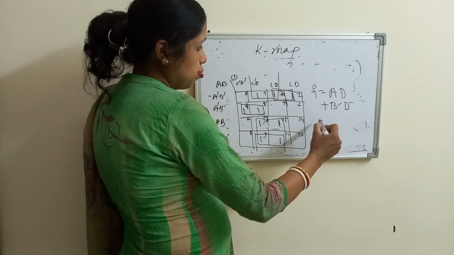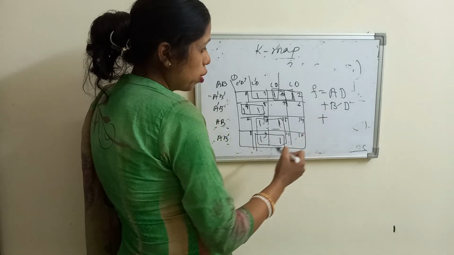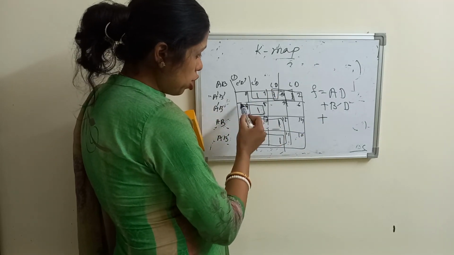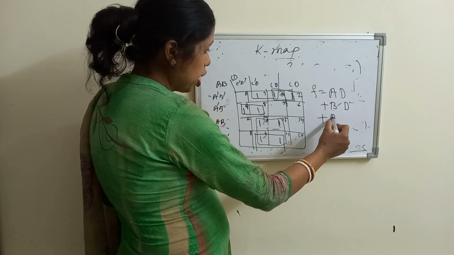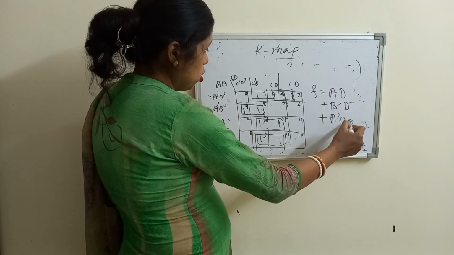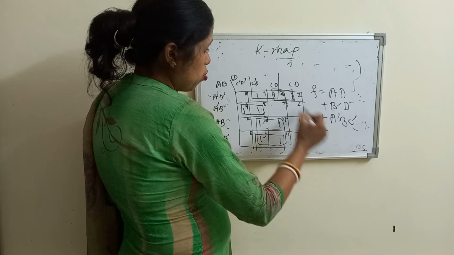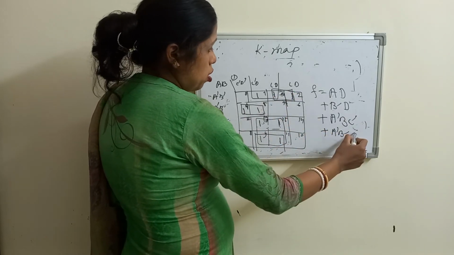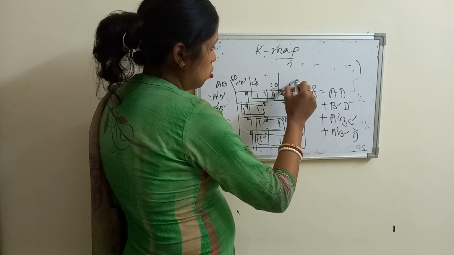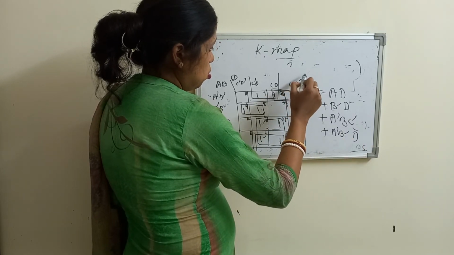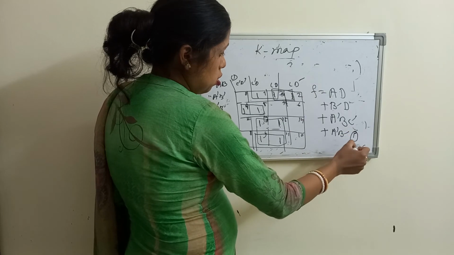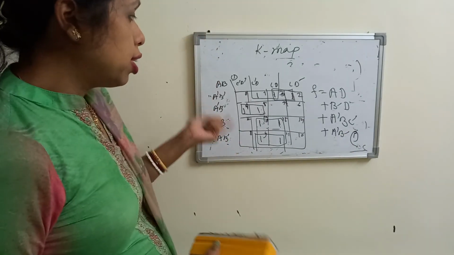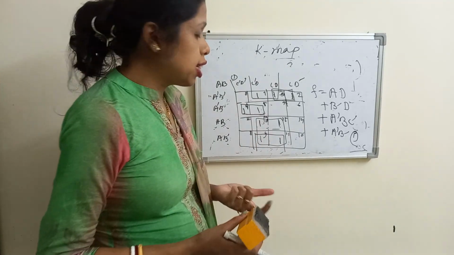D will come. Now, I have already discussed for this cell A prime, B, C prime. For this cell A prime, B prime, C. So in this way you can minimize the expression.